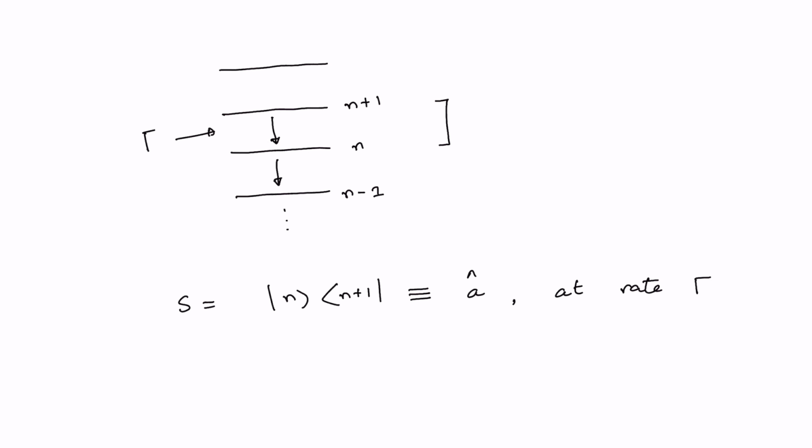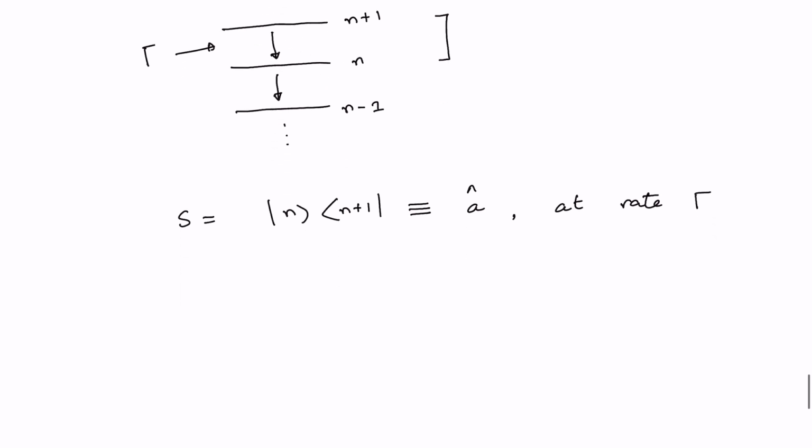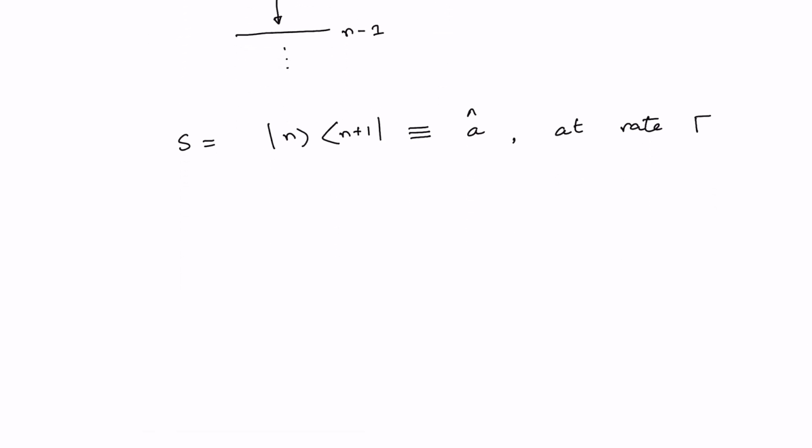So you have only one decay rate, that is gamma, and in that case the Lindblad master equation is going to be rho dot is equal to minus i by h bar times H rho, where H is the Hamiltonian of the harmonic oscillator, plus you have only one transition, that is gamma, and the Lindblad super operator is going to be a rho a dagger.